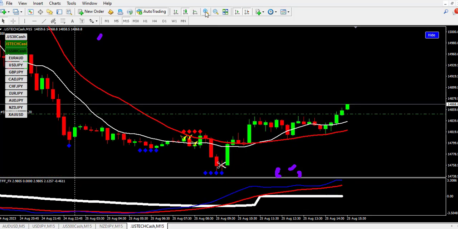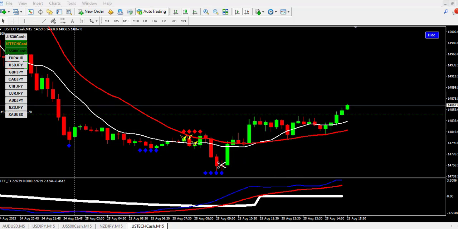Let me enlarge it a bit so that we can see it clearly. So this is the first indicator, the blue dot, the fractal indicator, followed by these scissors for a buy.